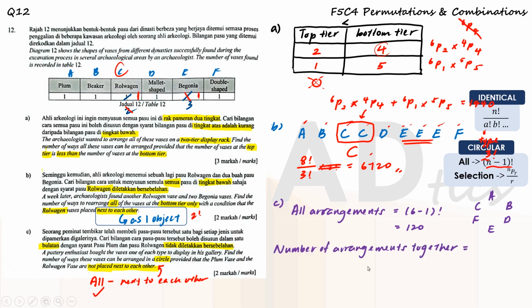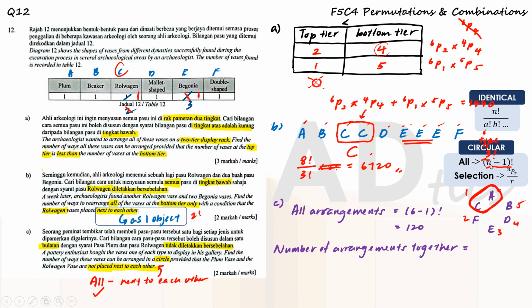And now we need to find the arrangements where the plum and the Volkswagen face are together. Or in the letter form, A and C must be together. So let's group them together first as one big vase. So now there are only 5 objects that we need to arrange: 1, 2, 3, 4, 5.